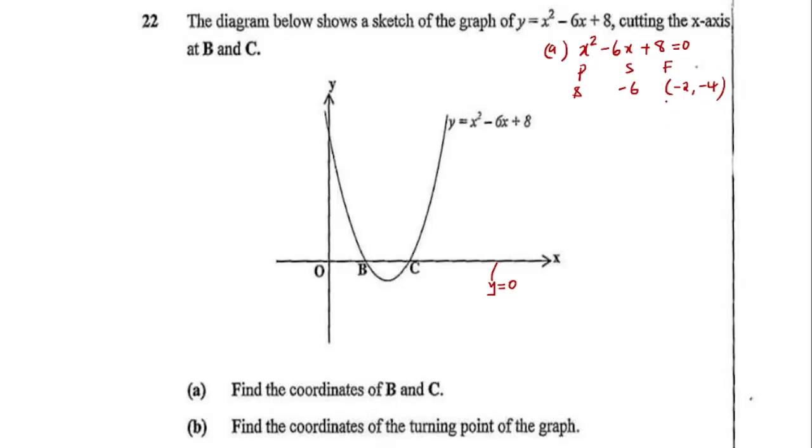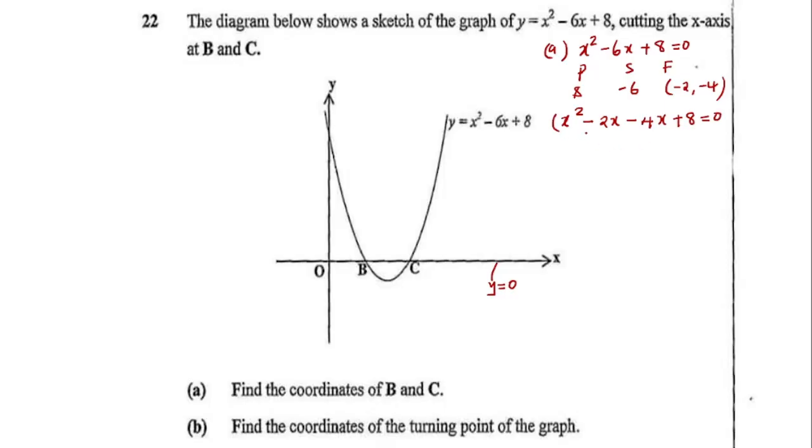Once we get these numbers, we fuse them in where the sum is, so that we can factorize the expression. So the expression will be x squared minus 2x minus 4x plus 8 equals 0.